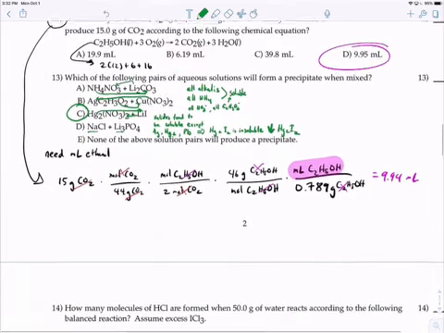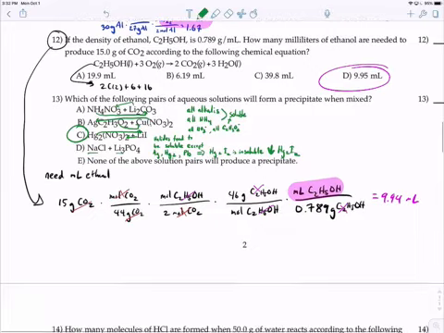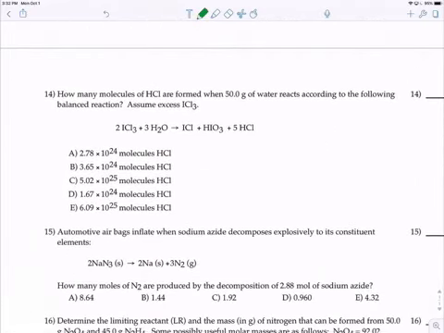All right, so questions with 13? Nope. 14. How many molecules of hydrochloric acid are formed when 50 grams of water reacts to the following balanced equation? Assume excess.